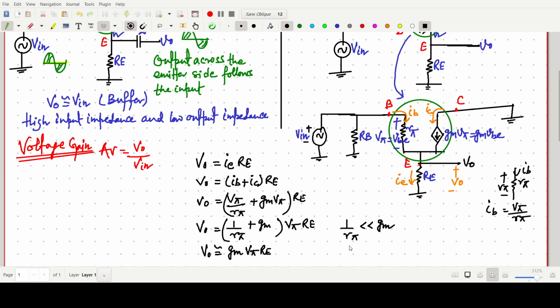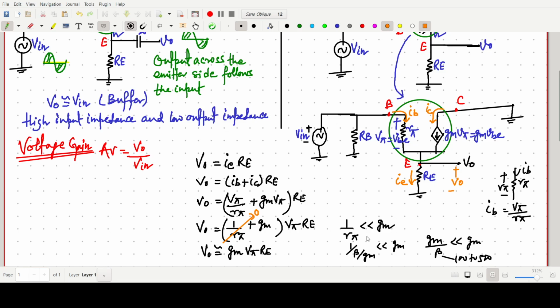Because r pi is beta by gm, so 1 by r pi is around gm by beta. So gm by beta is a higher quantity like 100 to 500, so 1 by r pi will be very small compared to gm. So we can remove this term, taking it to 0.